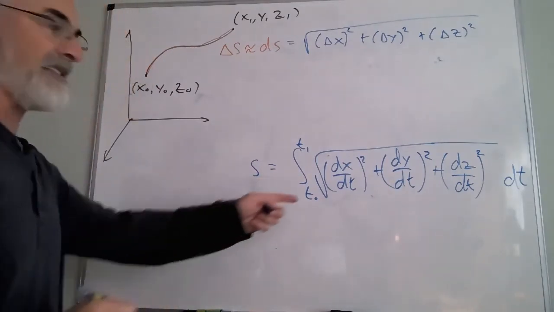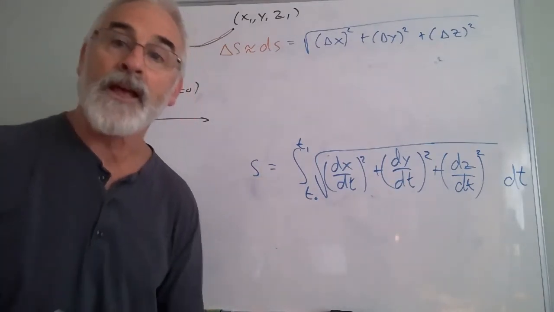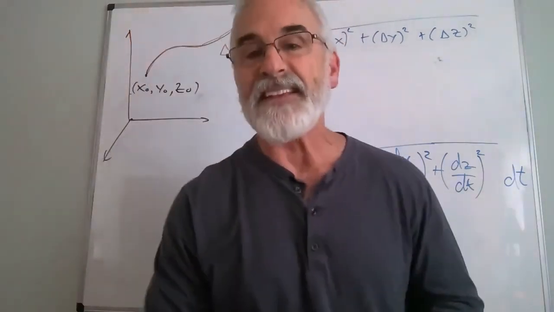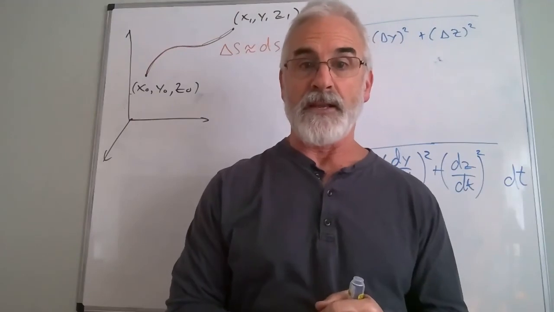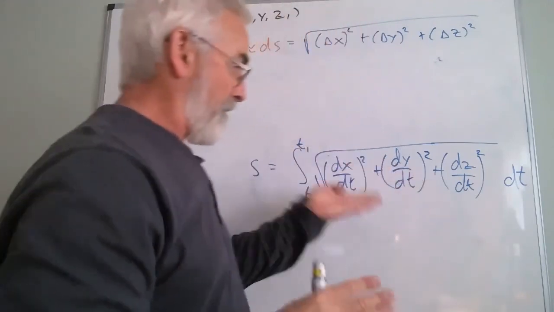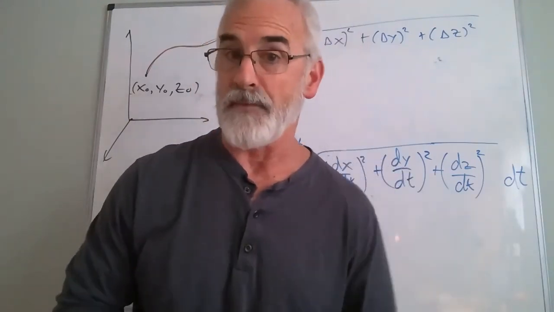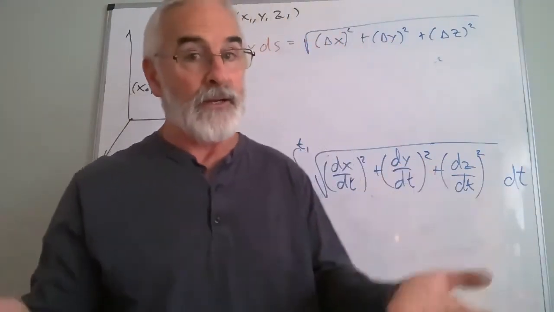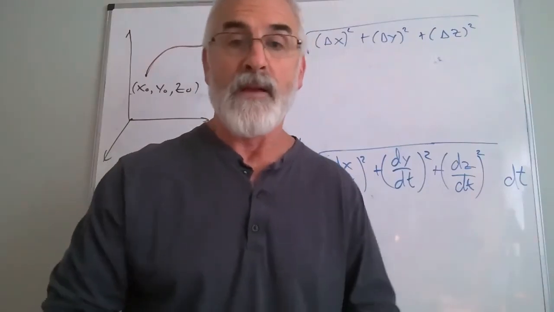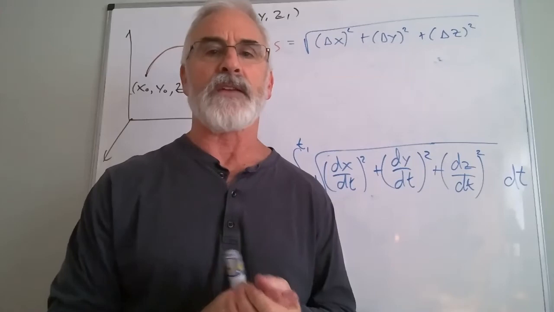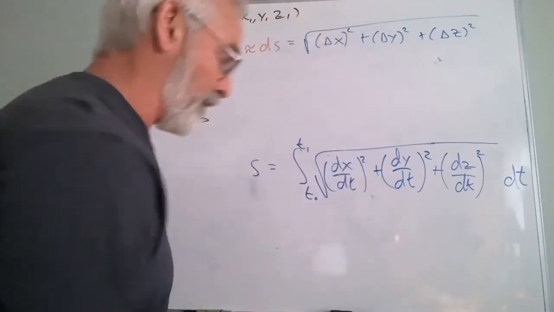In 3D, it's the same formula as it was in 2D because I'm using the 3-dimensional Pythagorean theorem. So we can easily find the length of a curve in 3D, assuming that I can actually integrate this. Now, I can ask the question and you can set up the answer. You may or may not be able to integrate the answer, but you can always set it up and fairly simply. So we'll do a couple of examples of that. But it turns out this is a very, very powerful tool.